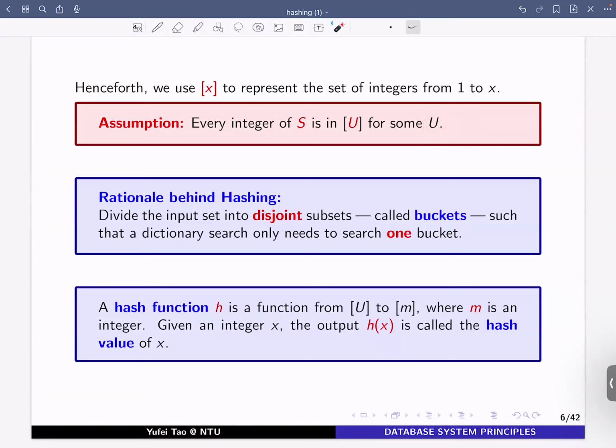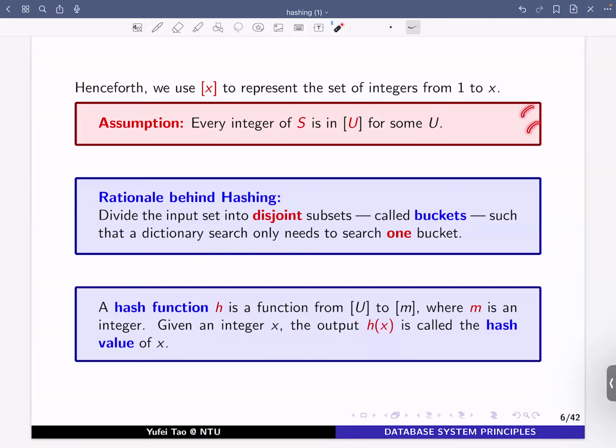In the B-tree, this assumption, strictly speaking, is also reasonable, because you cannot assume that an integer can be arbitrarily large, since you cannot even represent it in a computer otherwise. Nevertheless, in the B-tree we didn't have to talk about this value u because we would not need it in the analysis. However, for hashing, if you go for a rigorous analysis, as you will see, this is something we'll require.